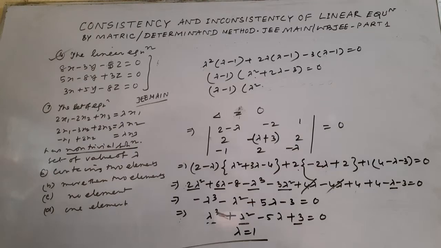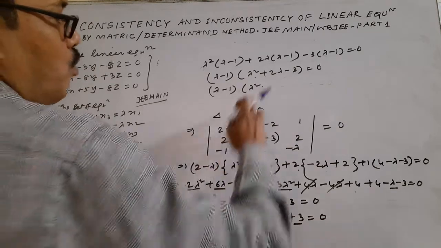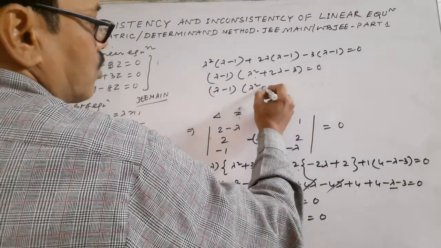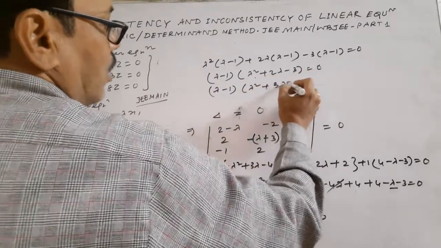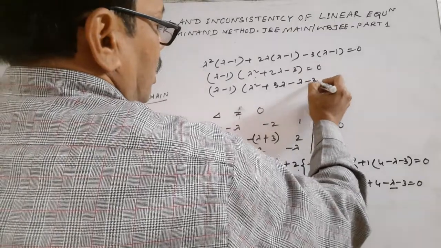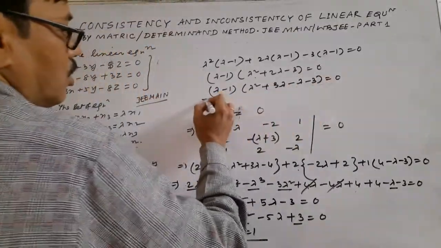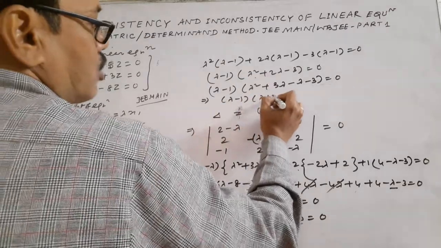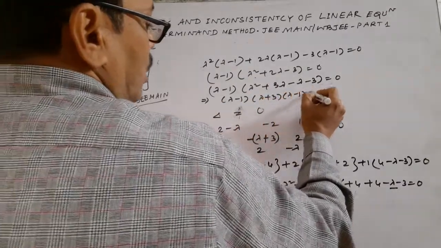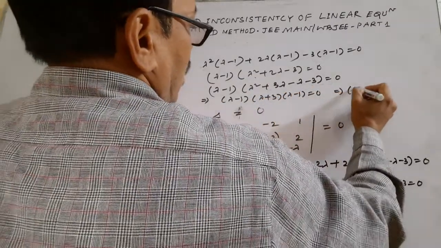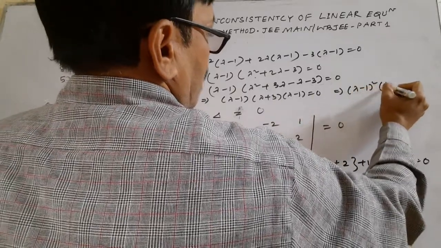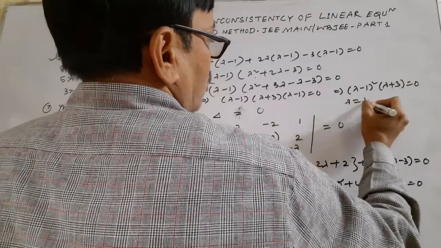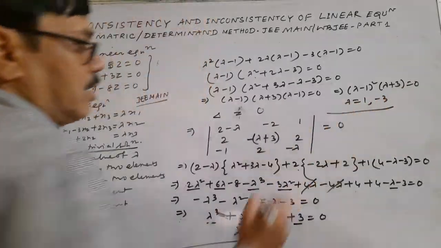Now if we put lambda equals to 1, then it is again 1. So lambda square plus 3 lambda minus 3 equals to 0. So lambda minus 1, lambda plus 3 into lambda minus 1 equals to 0. So lambda minus 1 whole square into lambda plus 3 equals to 0. So lambda equals to 1 and minus 3.